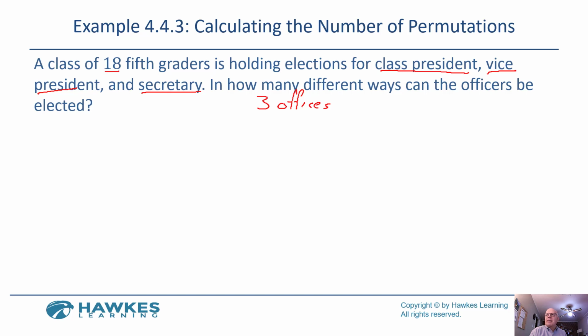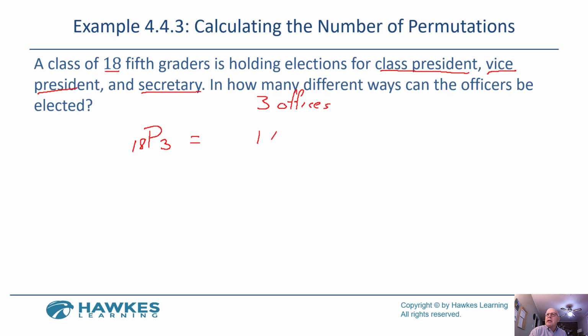The class president is different from the vice president, and they're different from the secretary. So since they're different, it matters who we pick for the first one, second, and third. We're going to pick from the 18 fifth graders. We're going to pick out 3 of them for the offices.